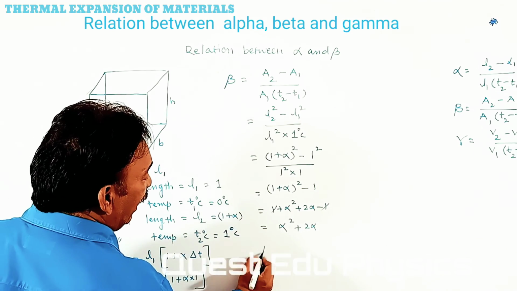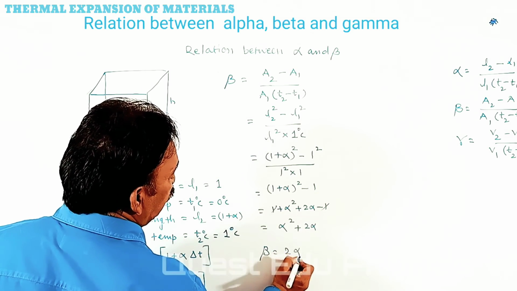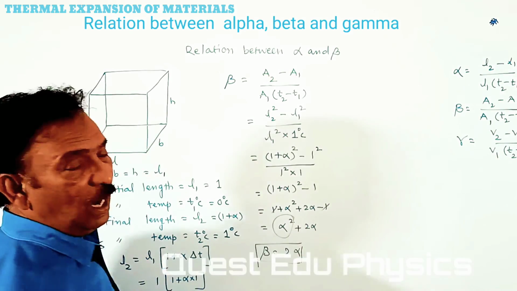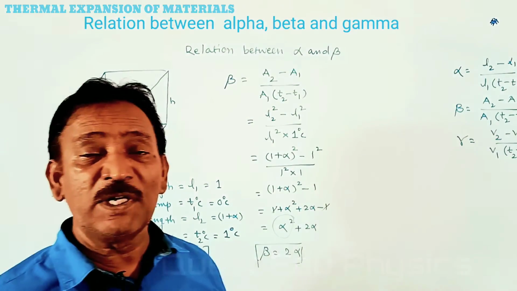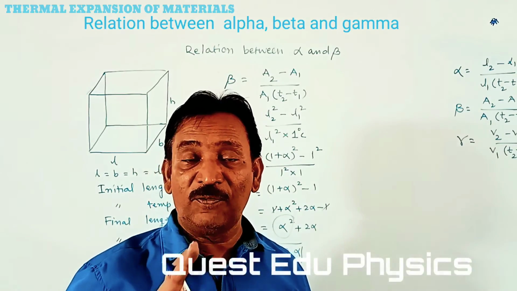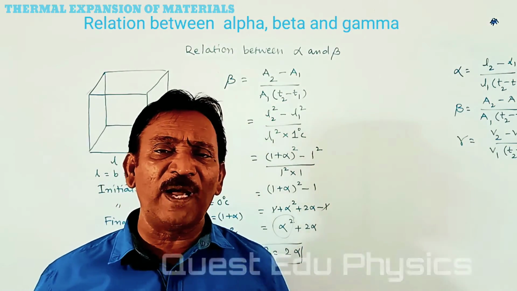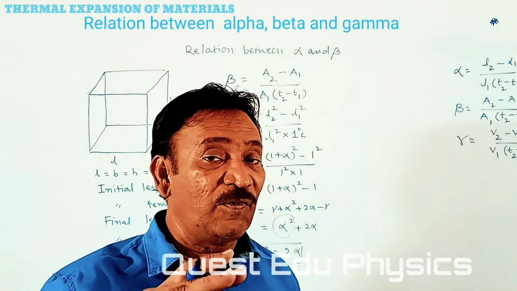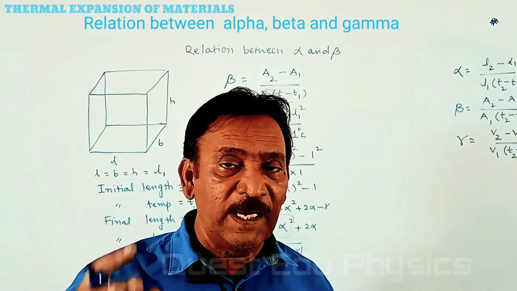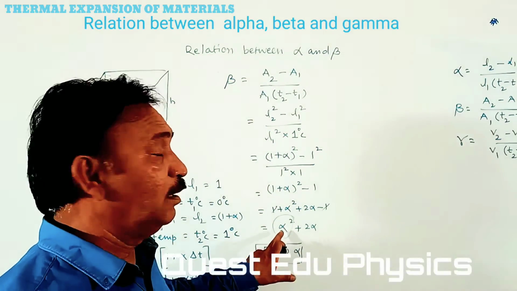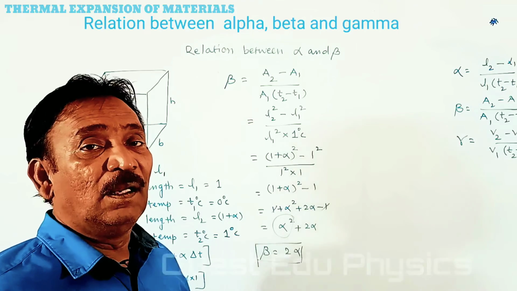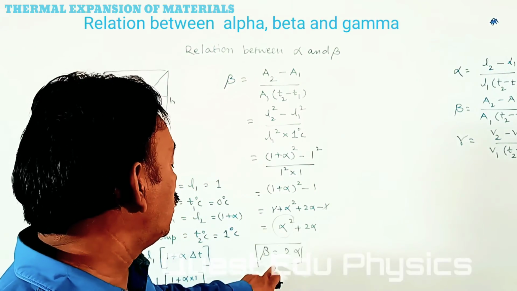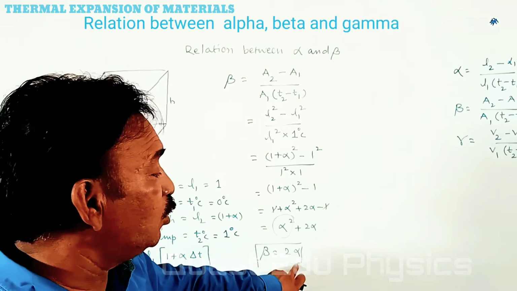Here beta can be written as 2 alpha, students. Here we are neglecting this term. I already told you the coefficient of linear expansion is in the order of 10 to the power of minus 5 per degree centigrade. Here, think it is squared, then its value is very small. That's why we are neglecting the alpha square and we got beta is equal to 2 alpha.